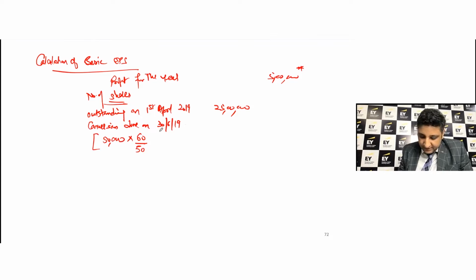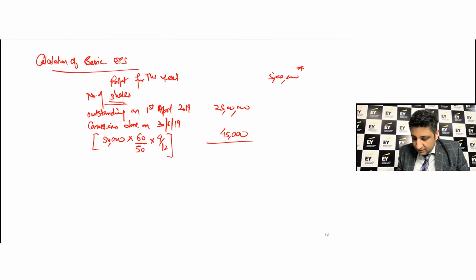So that is resulting into, and we have done this calculation before, 60,000 shares. But then what is the weighted average? We are saying this is available for 9 months out of the 12 months. And that makes a number of 45,000.